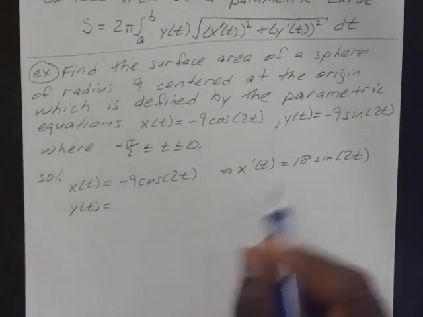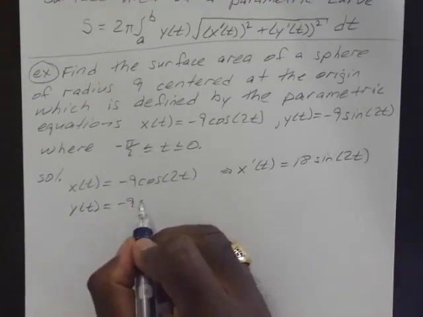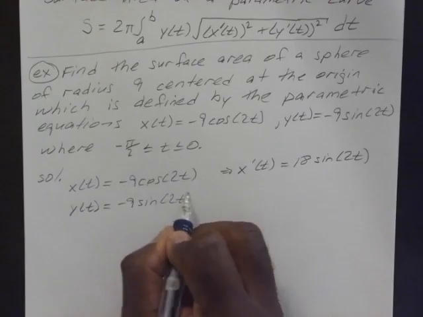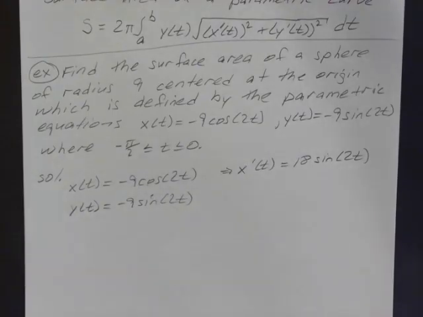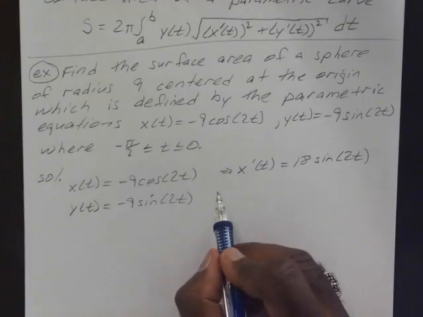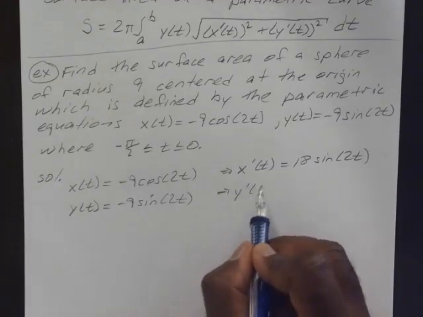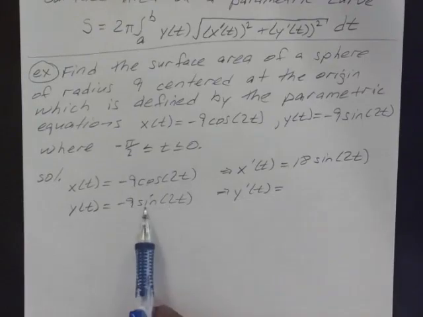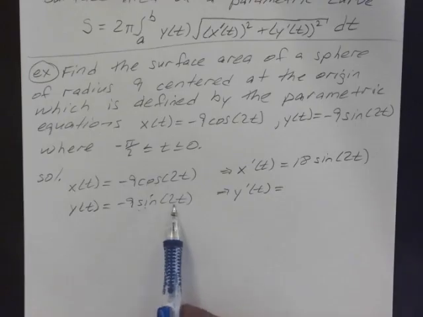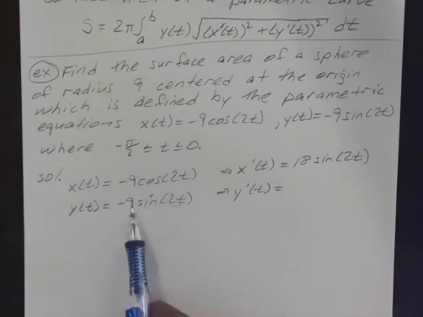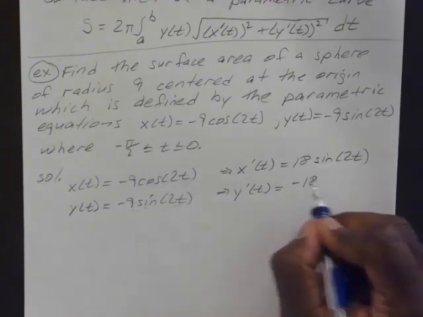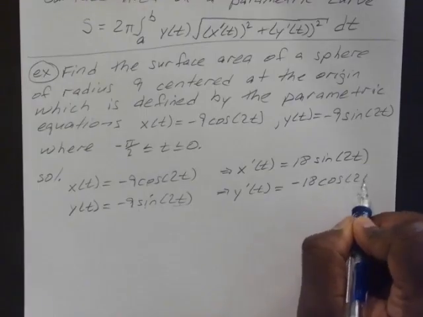And y of t is equal to -9 times sine of 2t, which means that y prime of t is, the derivative of sine is cosine, so cosine of 2t times the derivative of what's in there, which is 2. So 2 times -9 is -18 times cosine of 2t.